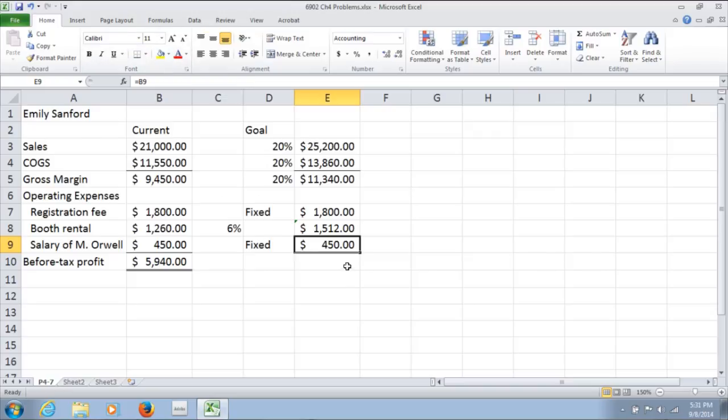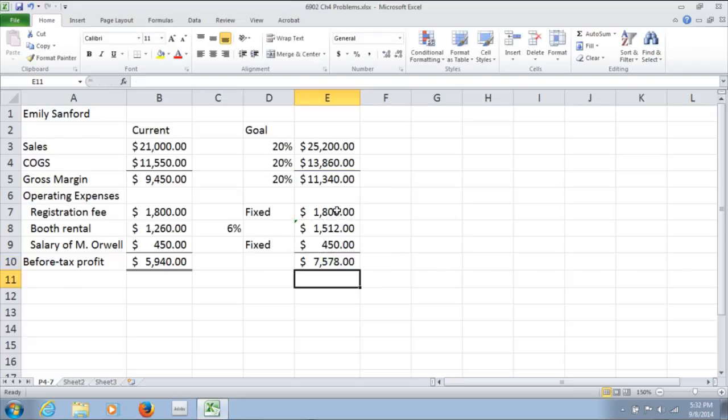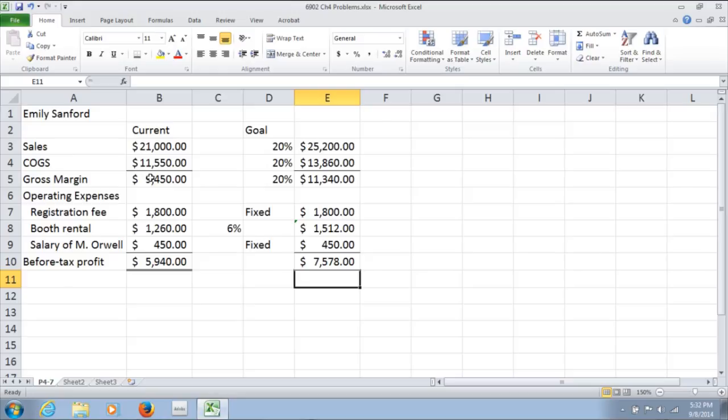So what actually happens is that her profit will be 11,340 minus the sum of these operating expenses, which will be 75.78.